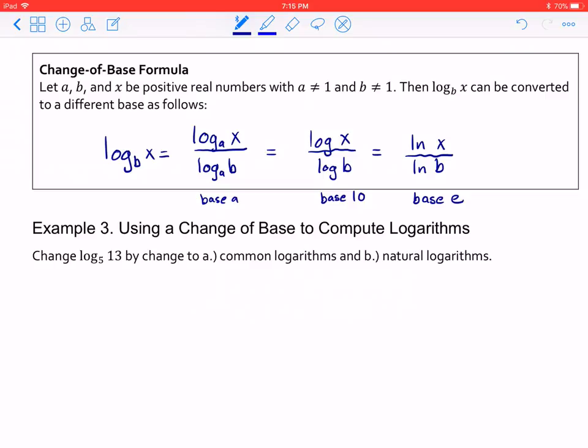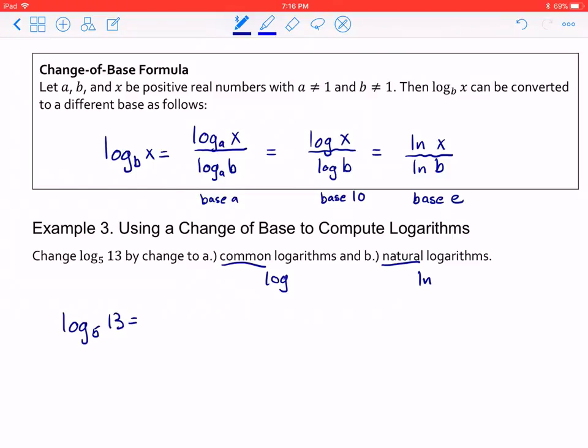So here we have this expression in example 3. We want to go ahead and change log base 5 of 13 to something dealing with common logs. So again, just log base 10, or the natural logs, log base e. So log base 5 of 13.